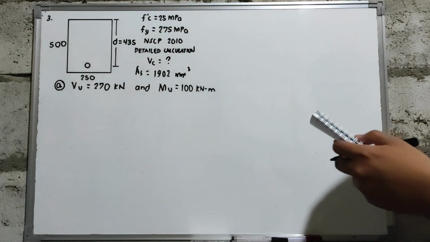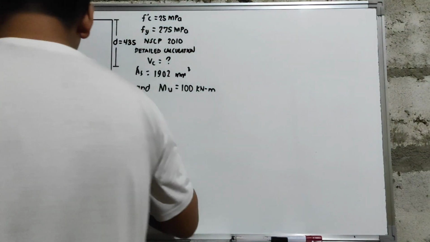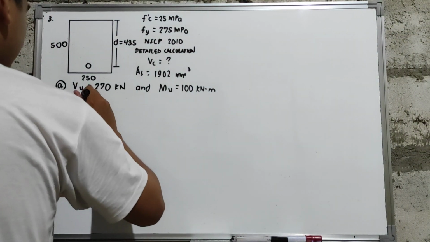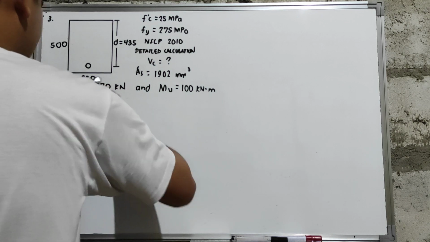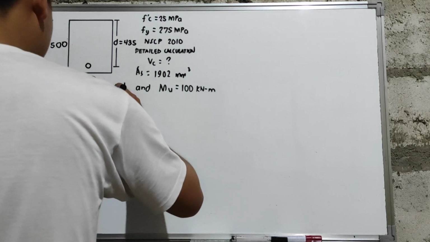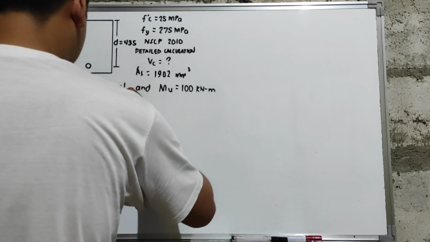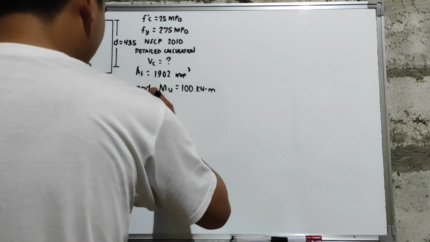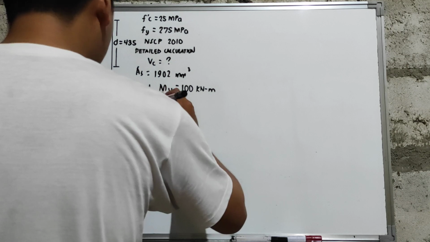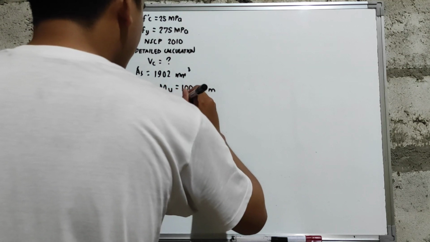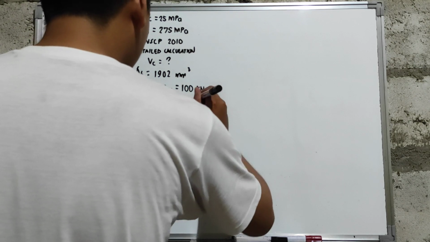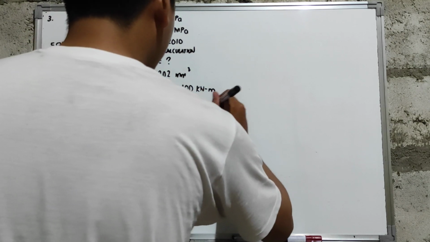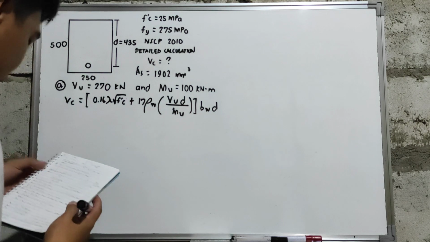So, using detailed calculation, in computing for your Vc, since we have no actual load, this will be your formula. You have 0.16 lambda square root of f'c plus 17 rho w, our steel ratio, multiplied by Vu d over Mu, multiplied by bw multiplied by d.